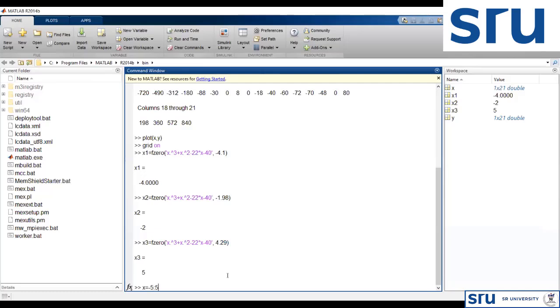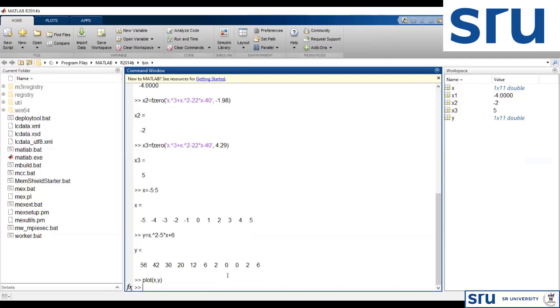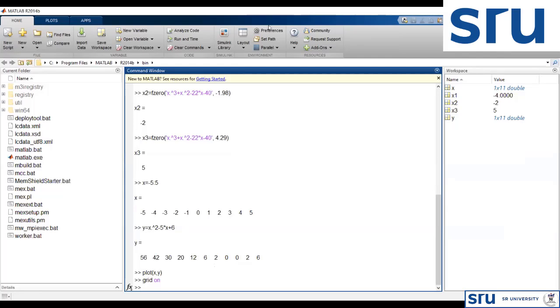Then y is equal to our function, x squared minus 5 into x plus 6. First problem we have discussed, the same. Then plot x comma y, and then grid on. Then I will show the plotted graph.